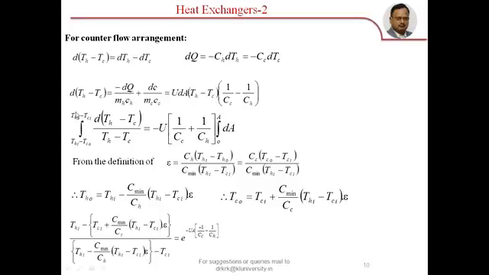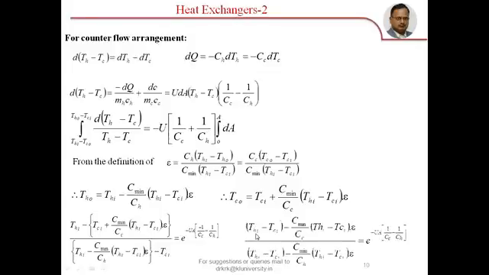Similarly, in the place of THO here, I am substituting THI minus C minimum by CH into this. Because it is a logarithm, the logarithm is removed and it goes to the other side, it becomes e power minus UA, 1 by CC plus 1 by CH.